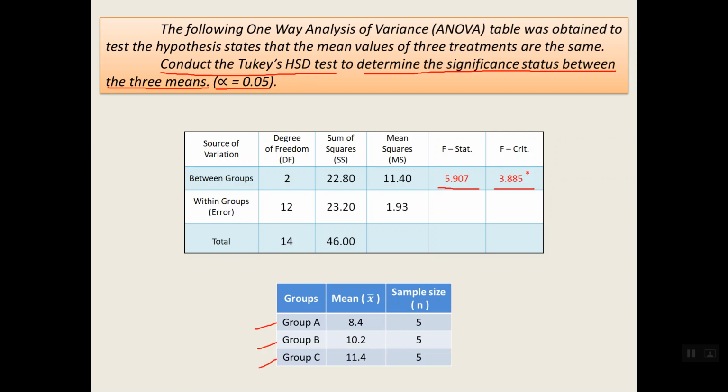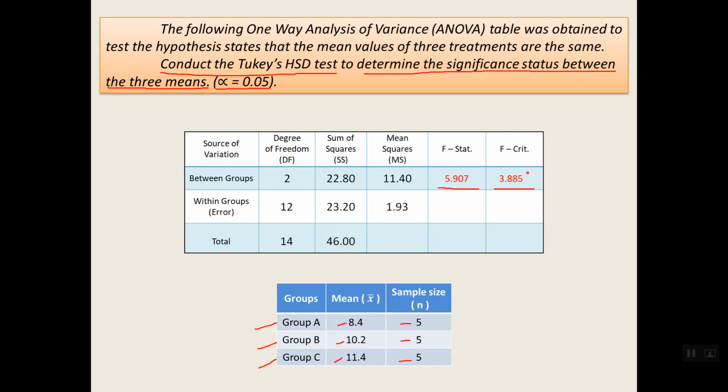We already calculated the value of the mean for each of these three groups. For group A, it's 8.4, for B it's 10.2, and for C it's 11.4. Regarding the sample size, it is 5 for all three groups.